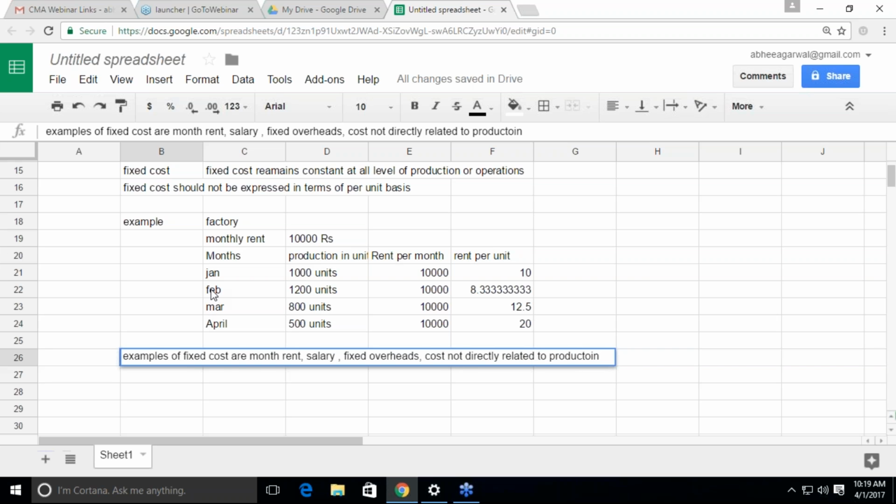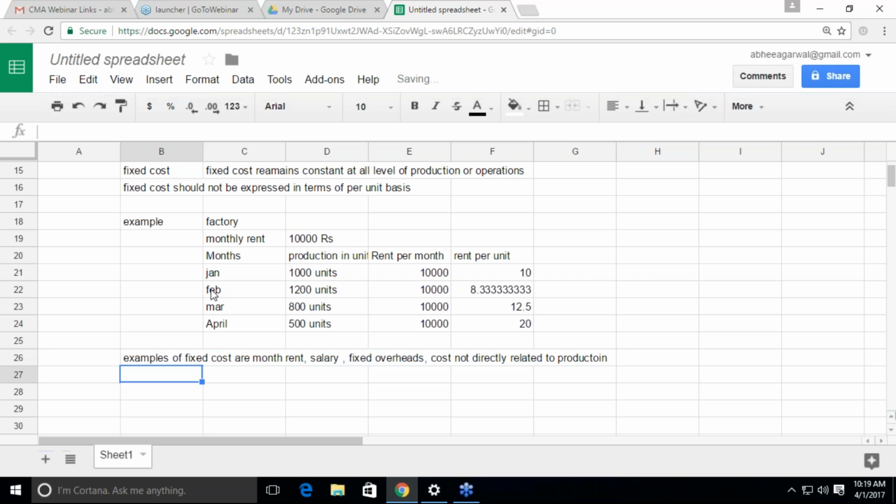Cost not directly related to production. Here I would like to give you one more type of cost, another classification of cost, which will also help you to understand variable cost and fixed cost. If you have any doubt, you can ask me over chat.